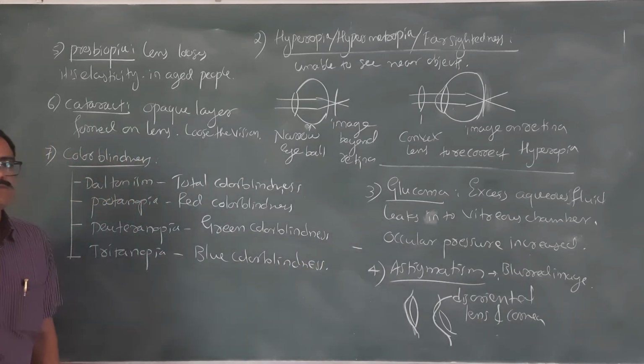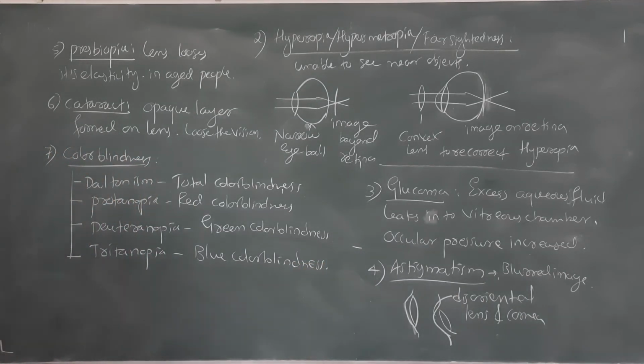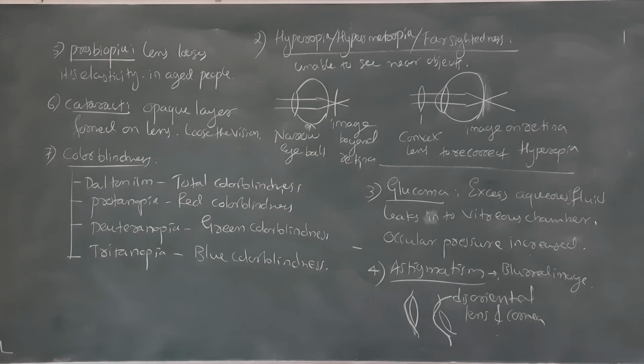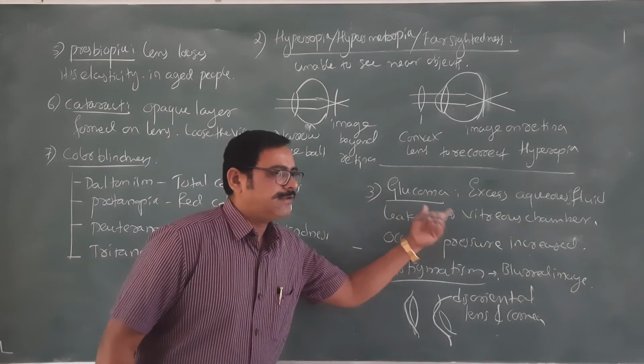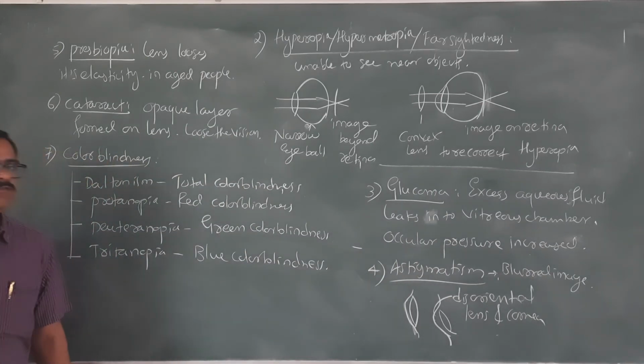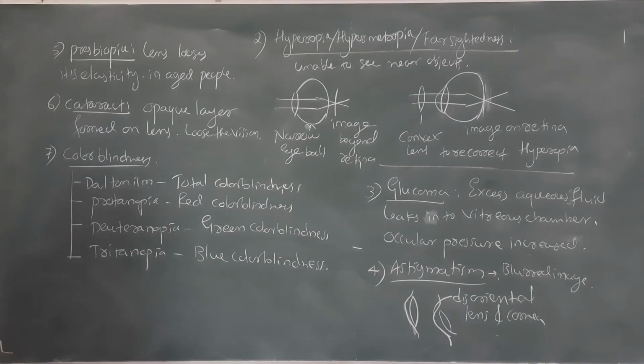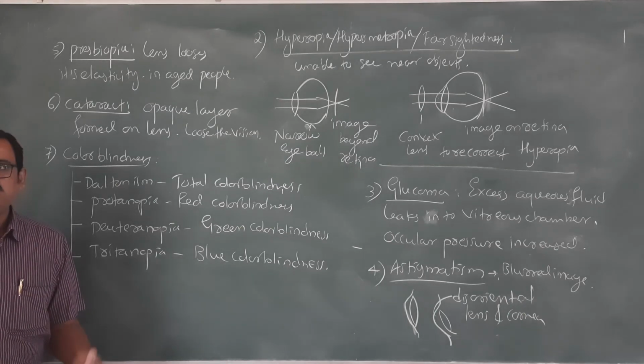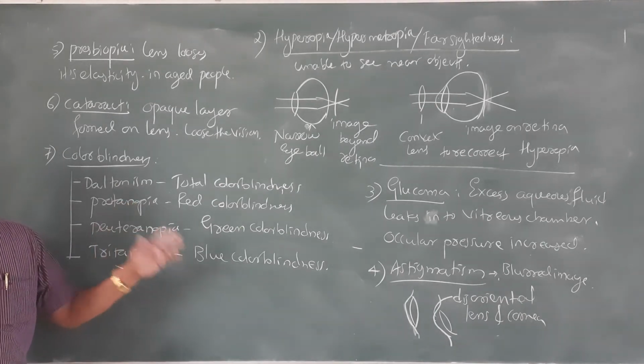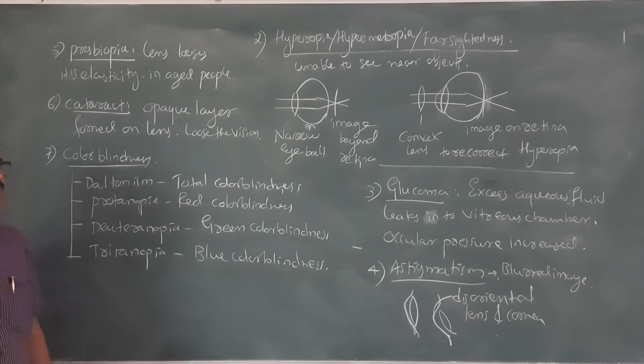So these are the various disorders related to the human eye. I hope you got clarity about the different kinds of disorders. Glaucoma is a condition where excess aqueous fluid leaks into the vitreous chamber, increasing the ocular pressure. In astigmatism, the cornea and lens are disoriented, so the person will not have clarity of image formation.